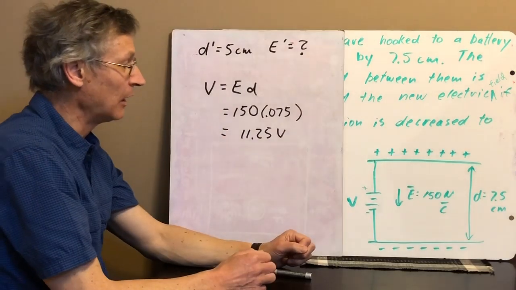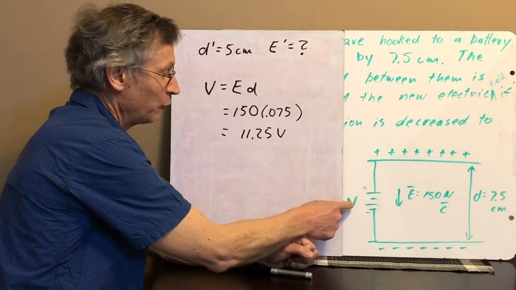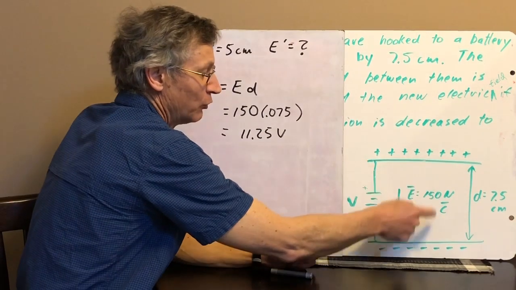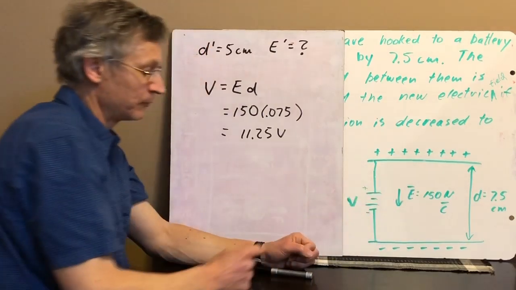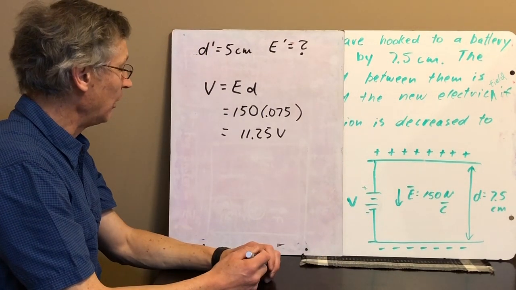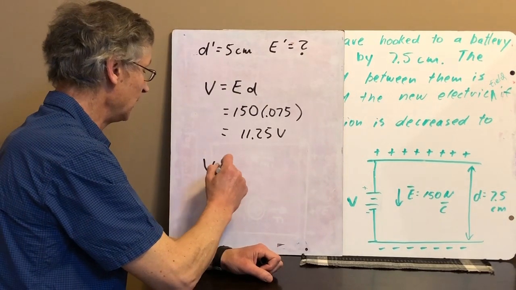That's something that we talked about a little while ago. Whatever this voltage is here, in this case 11.25, you're going to have the same voltage between here and here. Okay, so how about we apply the exact same equation again? V equals Ed.